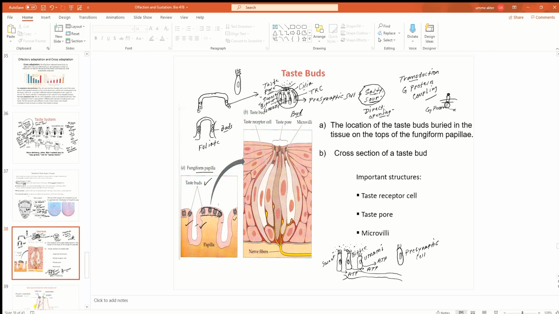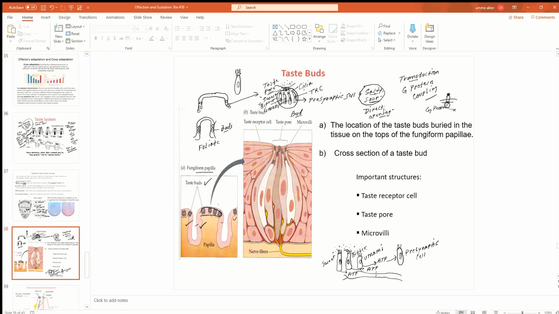Okay, and what happens? ATP released from these cells can directly activate the nerves, and then signal can go towards the brain, or ATP can activate the presynaptic cell. So ATP works in two ways. One is directly activating the nerve endings, or activating the presynaptic cells.